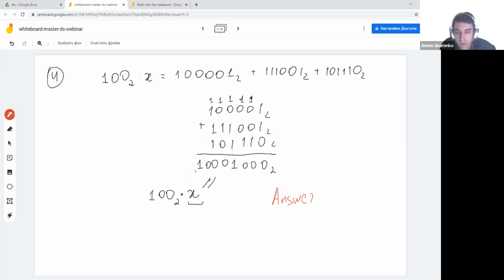I just rewrite this, excluding the last 2 zeros: 10. This is the answer. Note that I don't place any small 2 here, because on the computer system you can't do that, and the answer is this sequence of 1s and 0s. You don't need to put anything else here.